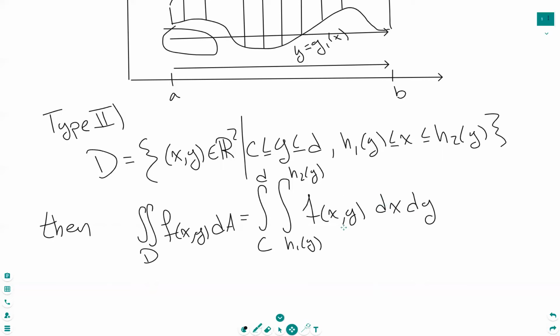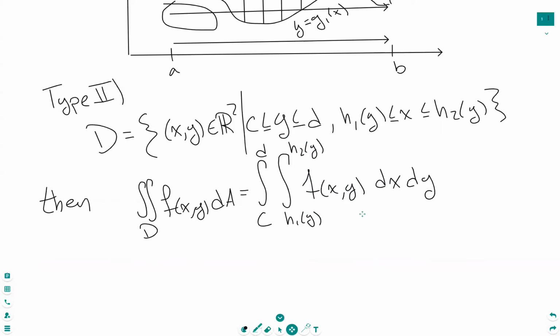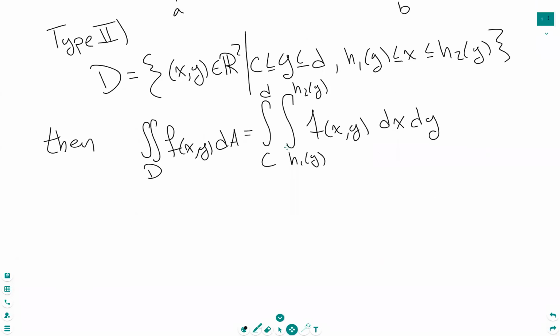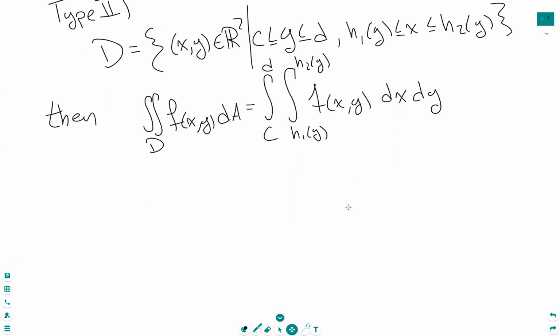If I try to do y first, I would get rid of all of the y's and substitute them with constants, so I would have a function of x. I would integrate with respect to x, but then I would have to plug in functions of y. Then this whole right-hand side would just be a function of y rather than a constant, which it certainly shouldn't be. So the logic doesn't work if I reverse the order.